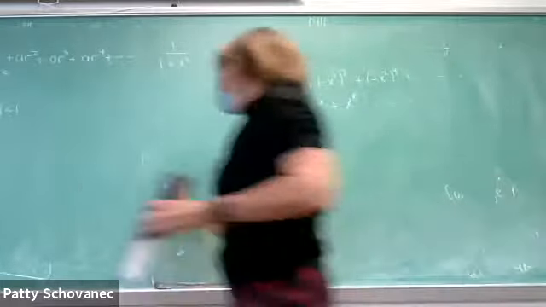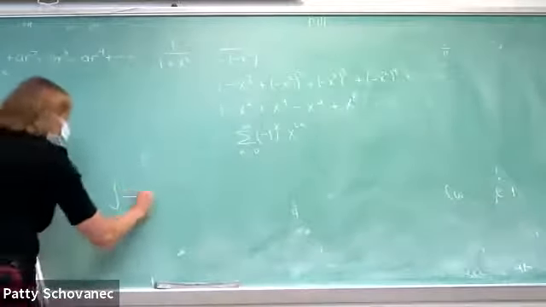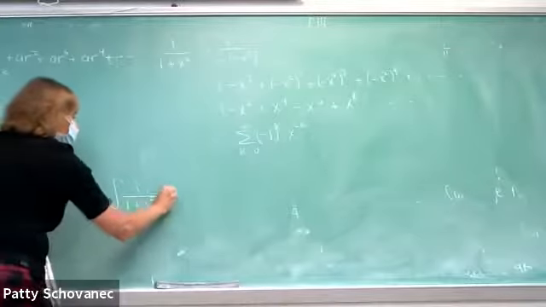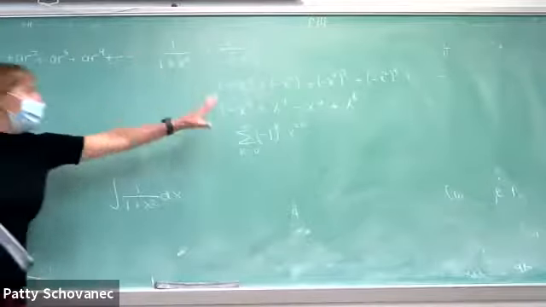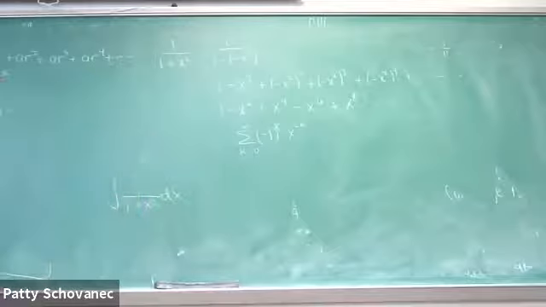What do you get when you integrate this thing? Don't tell me that yet. What is the integral of 1 over 1 plus x squared? So now I want you to integrate term by term to tell me the arctangent power series representation.